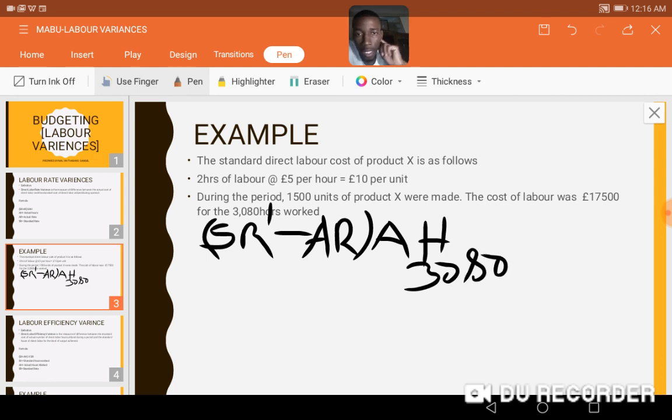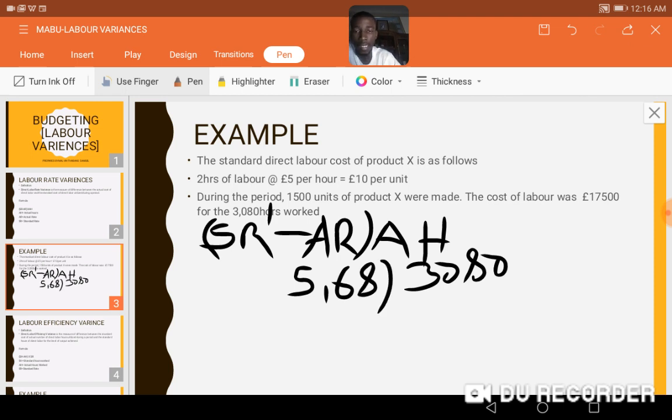Actual rate, the rate of labor: the cost of labor was 17.5. We divide by the actual hours, 3080, and it's going to be 5.6818, or 5.68.